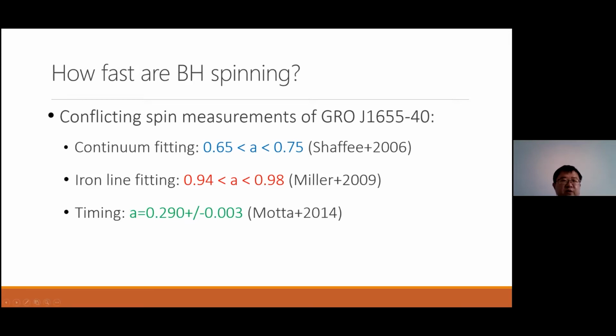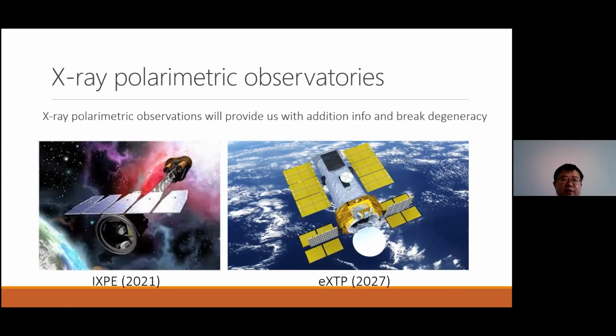So probably X-ray polarimetric observations can help, because they will provide us with additional information about the compact objects, and hopefully this will break degeneracies from the spectral fitting or timing analysis alone. And luckily, in the next few years, there will be two X-ray space missions with high sensitivity X-ray polarimeters that will be launched.